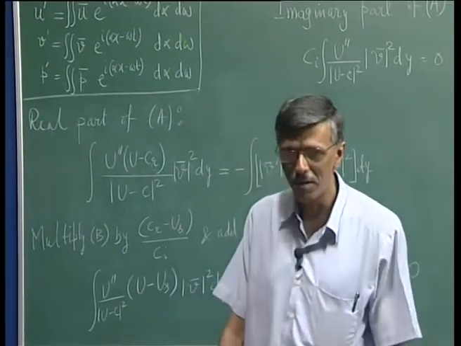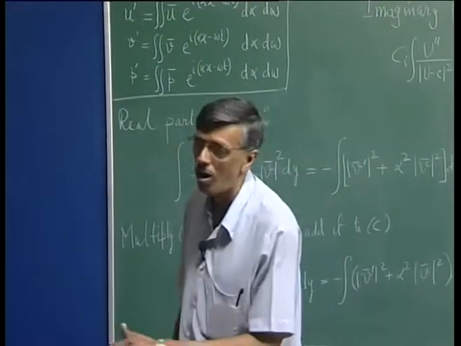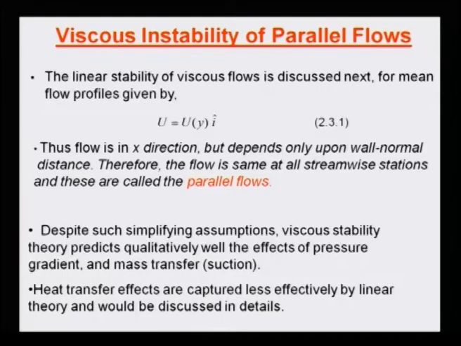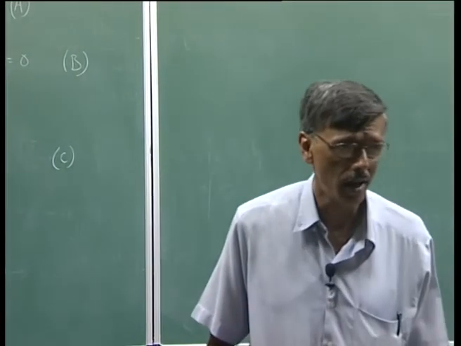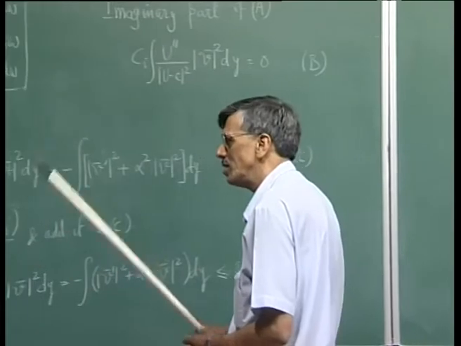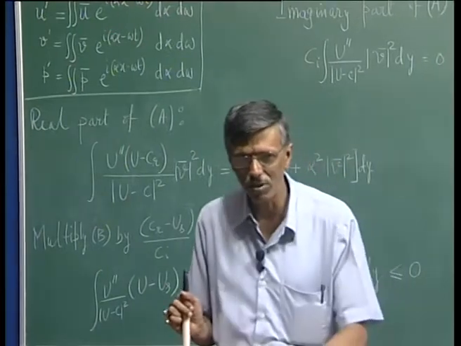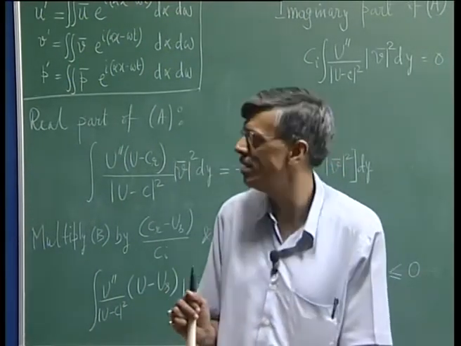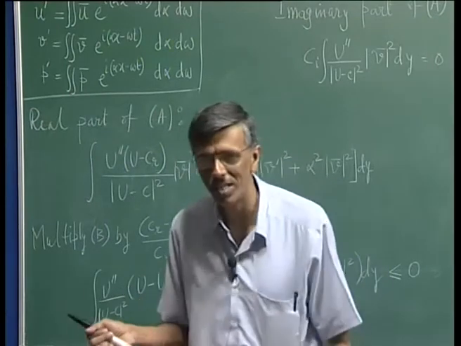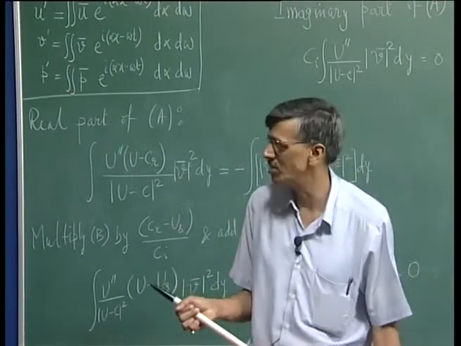There was a debate, a paradigm shift, whether we need to stay with inviscid instability or we need to do viscous instability studies. The equations were first written down by Orr in Ireland and Sommerfeld in Germany. The corresponding equation is called the Orr-Sommerfeld equation, which is different from Rayleigh's equation. Rayleigh's equation talks about inviscid instability. The corresponding viscous instability governing equation is called the Orr-Sommerfeld equation, and that is what we are going to discuss now.